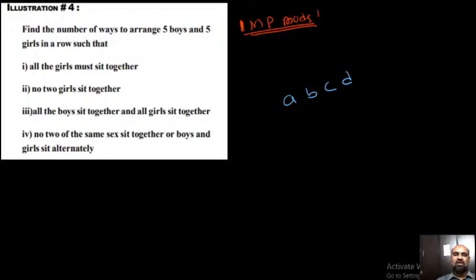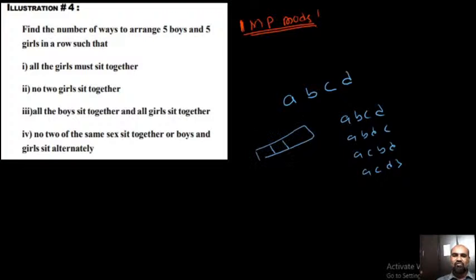They will ask how many 4-letter words you can create by using A, B, C, D. One of them is ABCD, another is ABDC, another is ACBD, another is ACDB, like that we will get. How many? Just filling these 4 letters into 4 blanks. Those many 4-letter words you can write.